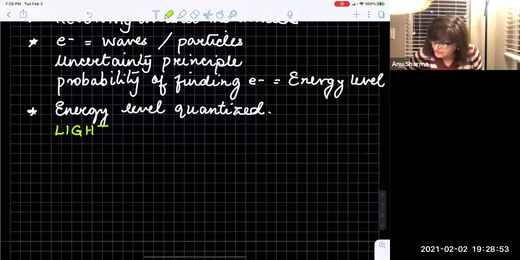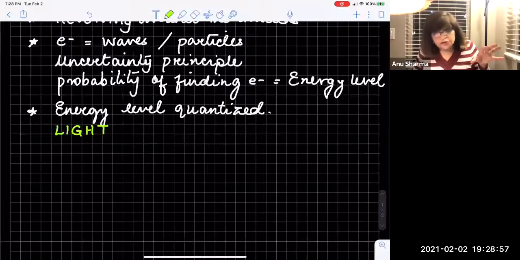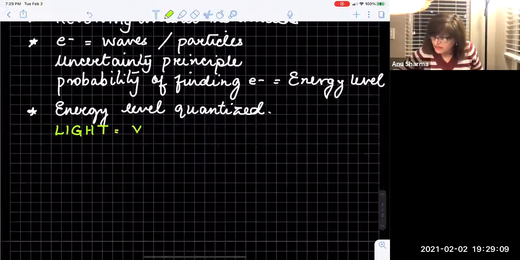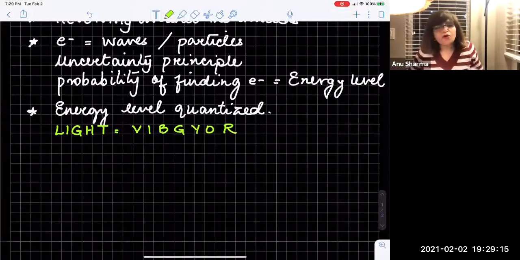They had studied light, and the electromagnetic radiations, of which light is a part. Light has a frequency, light has waves, and there is a certain energy associated with a specific color of light. We know light is made up of 7 colors: violet, indigo, blue, green, yellow, orange, and red. All these 7 colors have a very specific amount of energy.